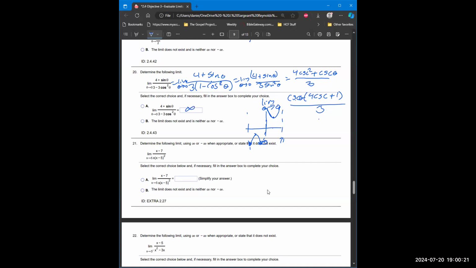In either case, it will go to positive infinity. Put that one in your calculator. Look at the function and see what happens as it goes towards 0.